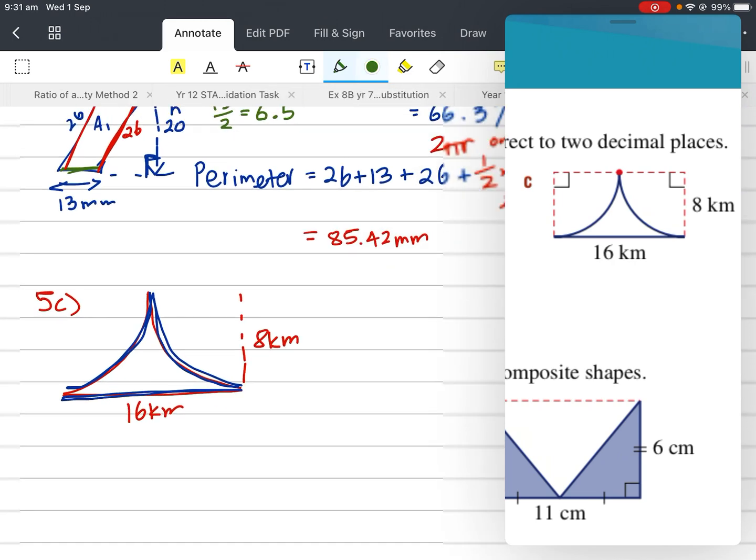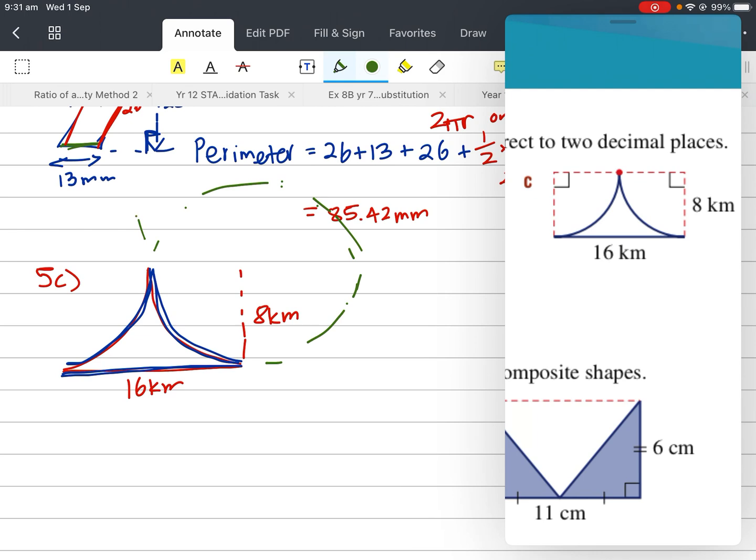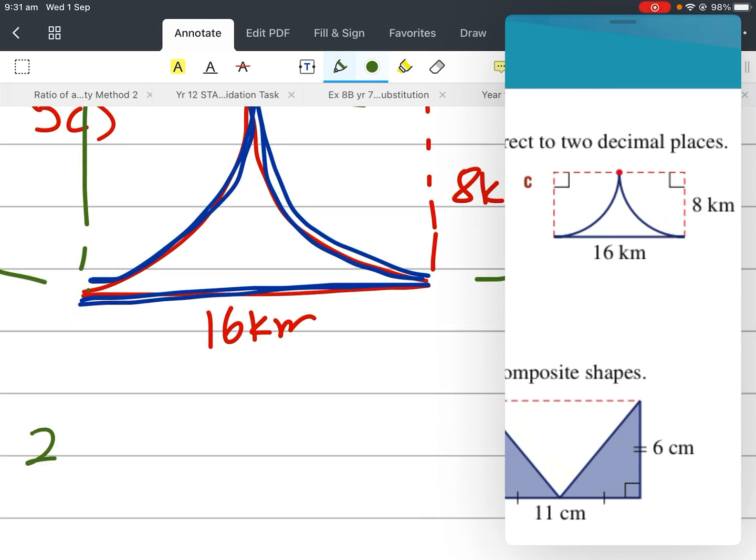So if I was to draw that into a circle, and this one into a circle, these two bits, as they've drawn them, are actually 2/4 of a circle. So what does 2/4 make? 2 times a quarter, hopefully you realise, equals a half. So the curved sections are actually half a circle.